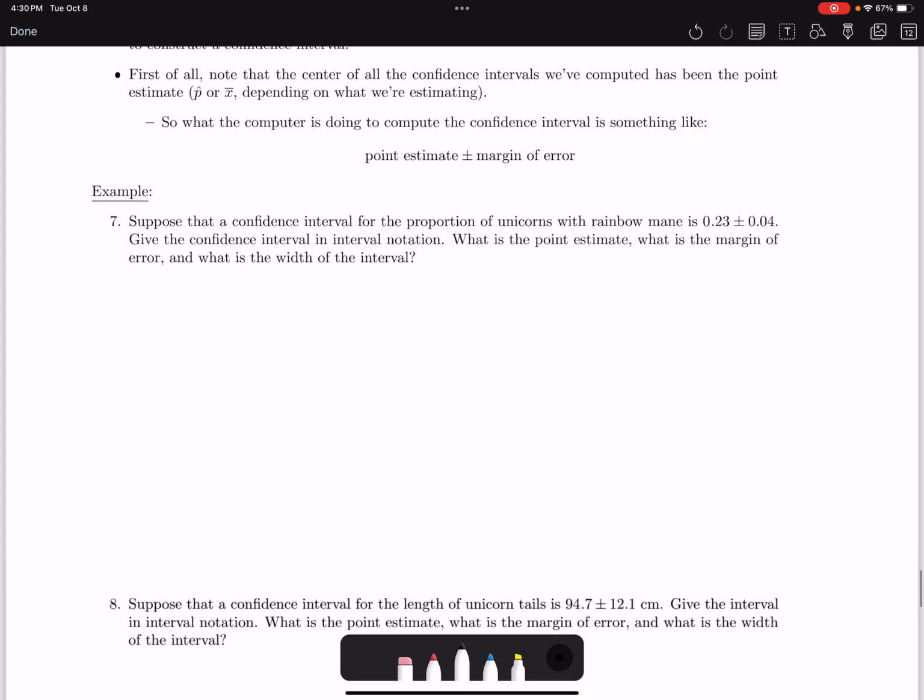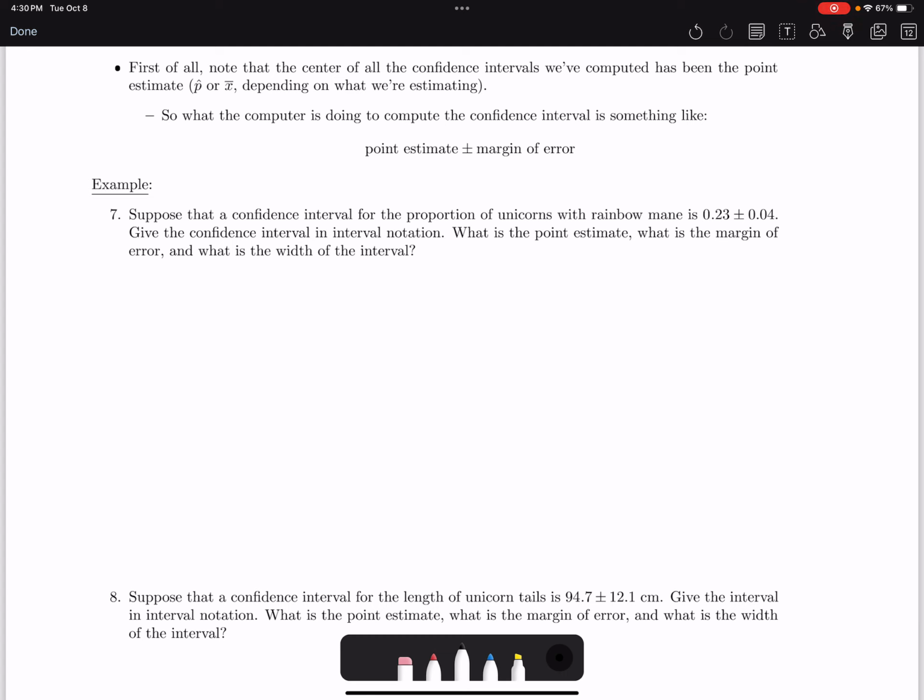For example, suppose that a confidence interval for the proportion of unicorns with rainbow mane is 0.23 plus or minus 0.04. We're asked to give the confidence interval in interval notation and then describe the point estimate, the margin of error, and the width of the interval.